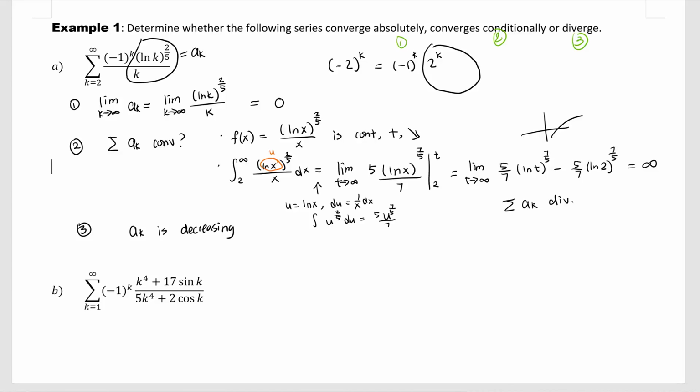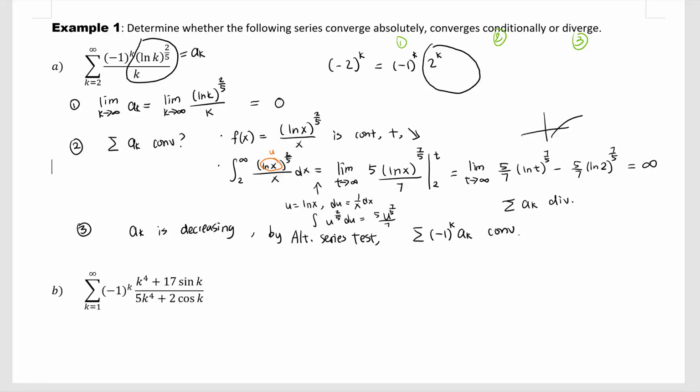Also, in the first step, we already showed the limit is 0. So by the alternating series test, our alternating series converges.